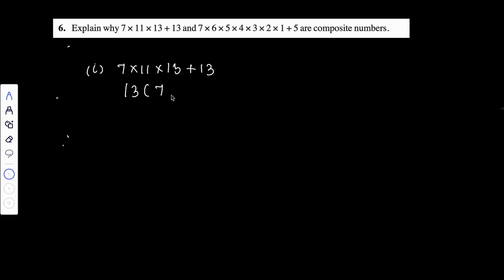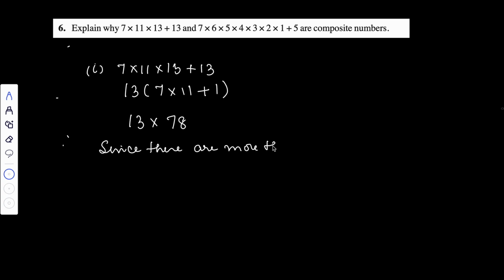We get 13 into 7 into 11 plus 1, so 13 into 78, since 77 plus 1 is 78. So there are factors 13 and 78 other than 1 and itself. Since there are more than two factors, it is a composite number.